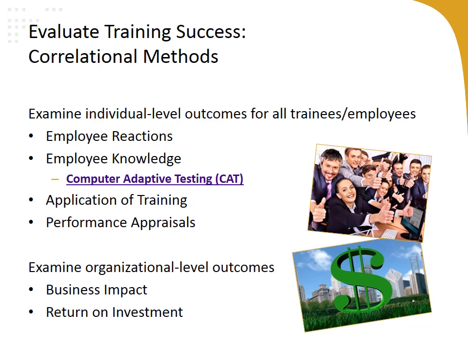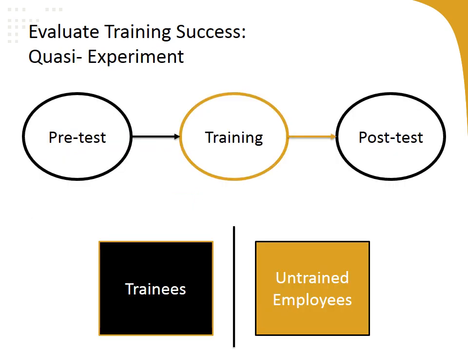But these examples fail to control for pre-existing employee knowledge, skills, and abilities, and pre-existing differences in organizational success that happened prior to training. So you cannot be sure how much the training actually impacted employee behaviors and how much of those differences in performance are just driven by individual differences among employees.